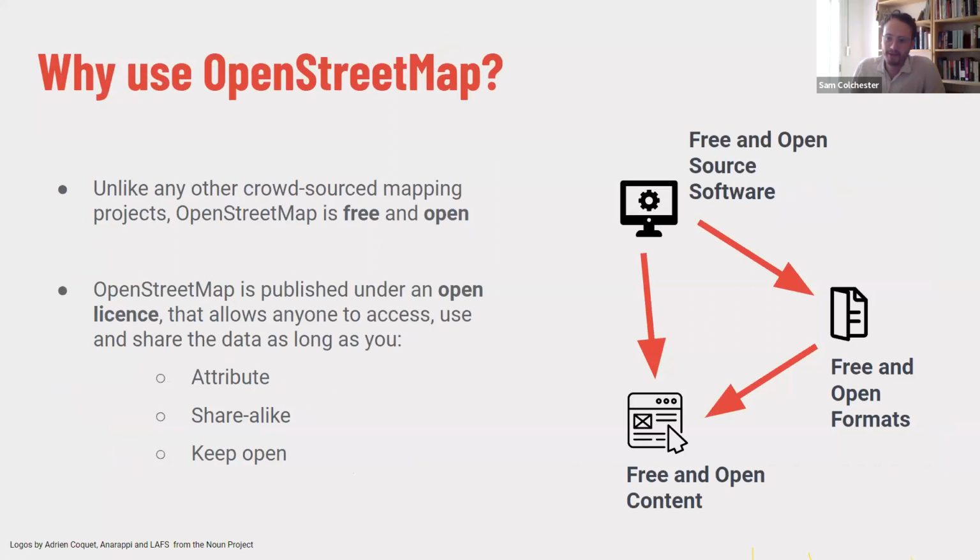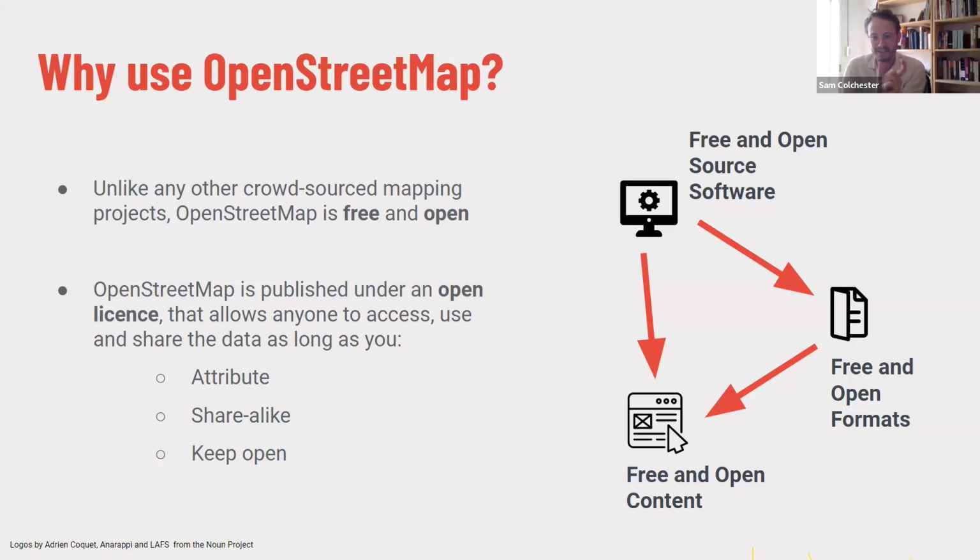As mentioned, OpenStreetMap data is free and open, and unlike other crowdsourced mapping projects, it's quite unique in that sense. Now, although OpenStreetMap data is published under an open license, the license does ask that anyone that uses or accesses OpenStreetMap data follows the following standards. The first is that if you use OpenStreetMap data, you must attribute OpenStreetMap, which means you must say, if you are using OpenStreetMap data, that you are using OpenStreetMap data.